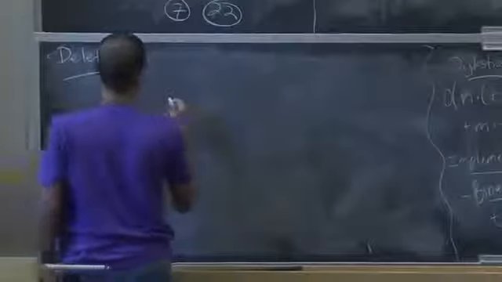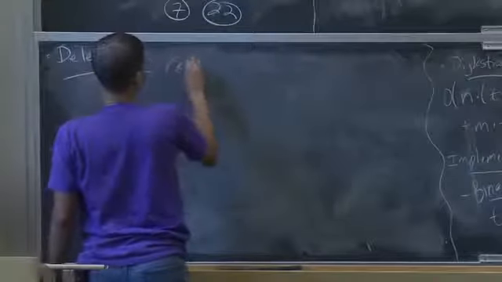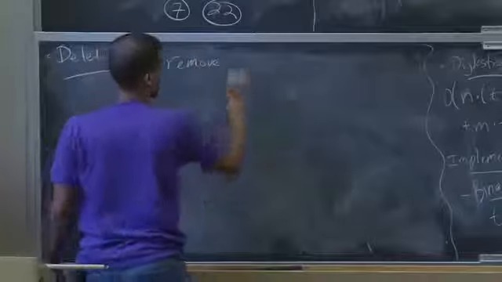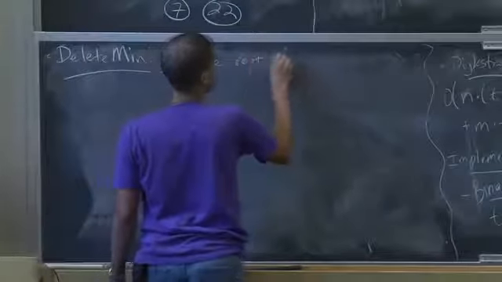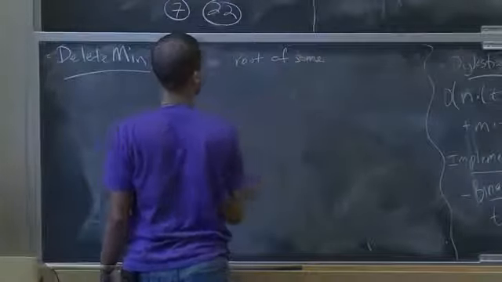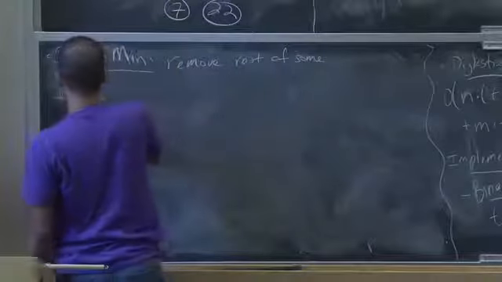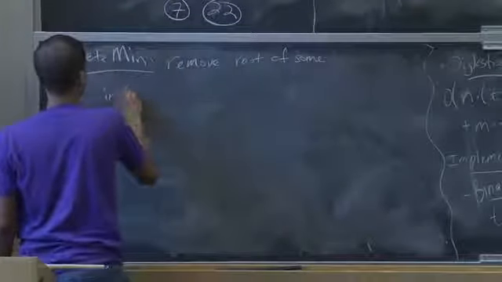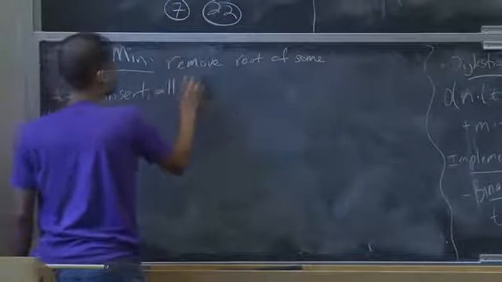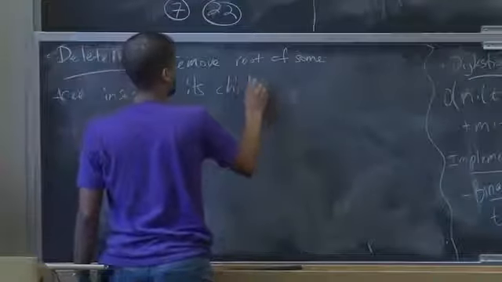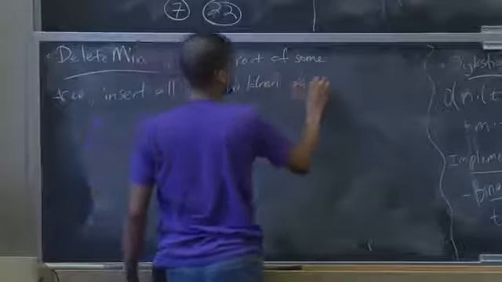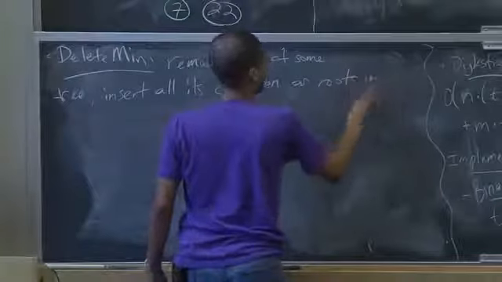So delete min is: remove the root of some tree, namely the minimum, and insert all its children as roots in the main forest.